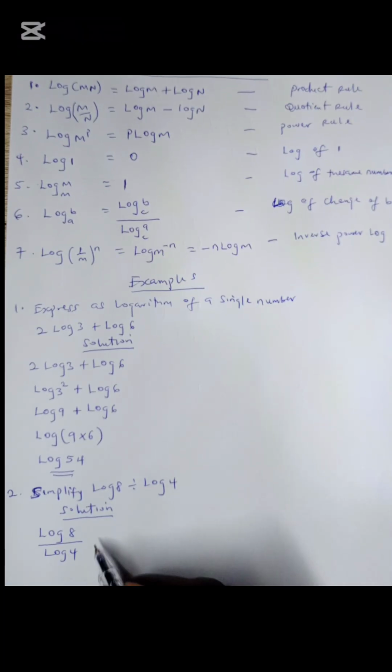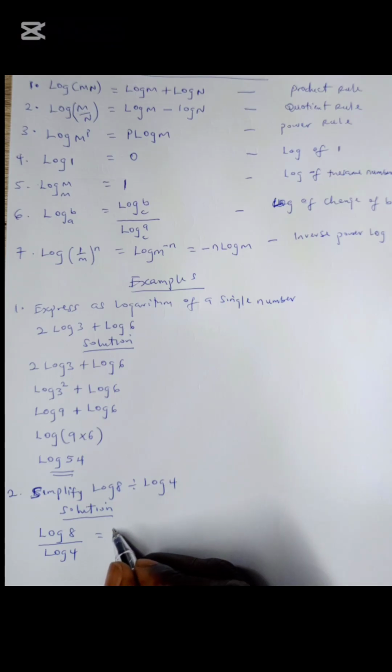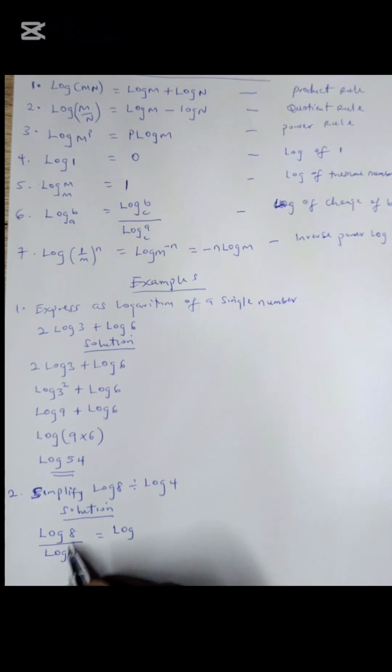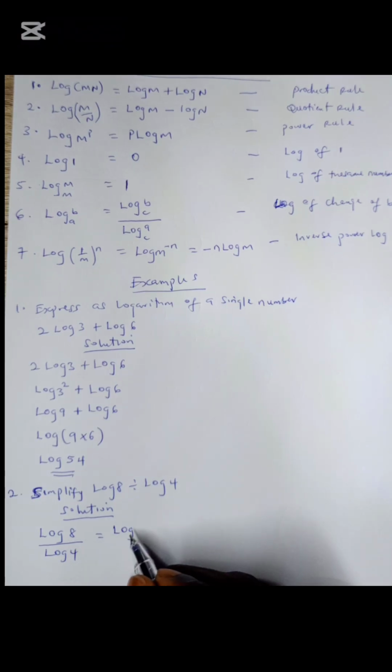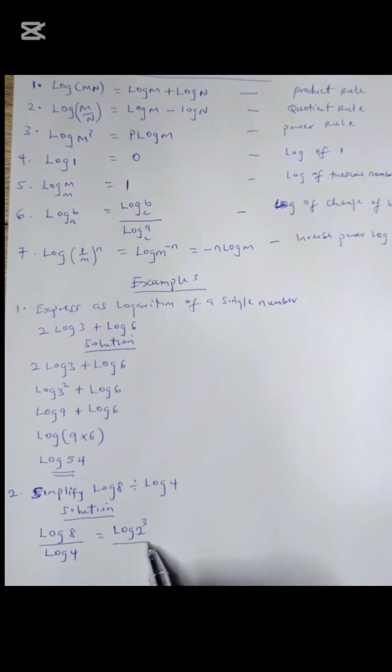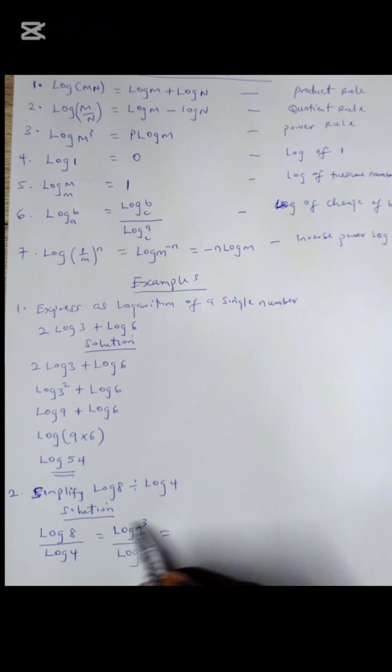From there, this is a single log, so we need to put it back to a power log. You know that log 2 raised to the power 3 is log 8. Then 4: how can I break 4 to index form? That will be 2 raised to the power 2. It has turned to a power log, so the power will multiply the log.